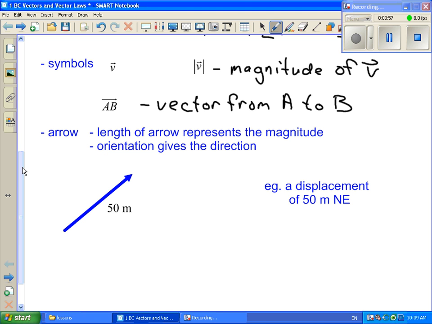If we've got a vector that is 50 meters long, this might represent a displacement of 50 meters northeast, using the common coordinate system like this. So that's basically what vectors are and how we represent them.